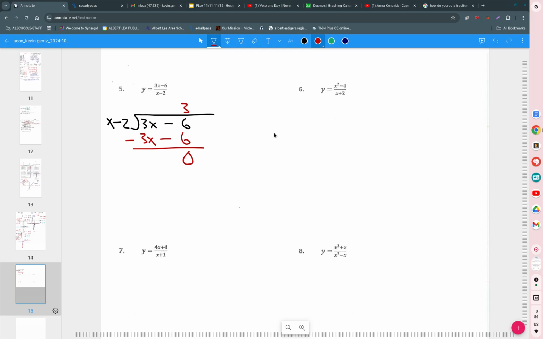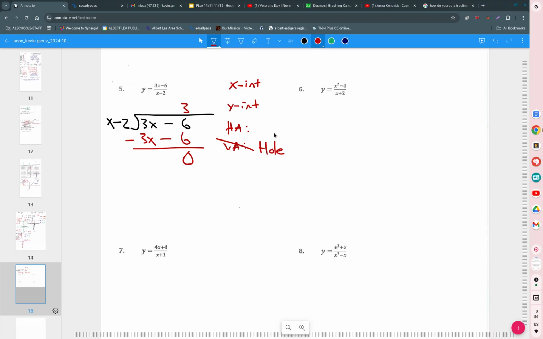When it divides evenly, there's not a vertical asymptote. There's a hole. There's literally a hole in the graph. And we know where the hole occurs. It's pretty simple.